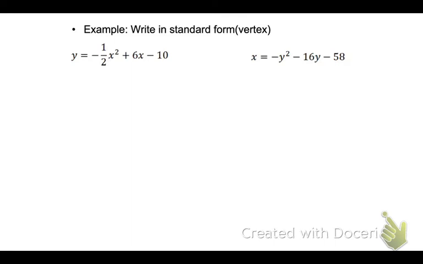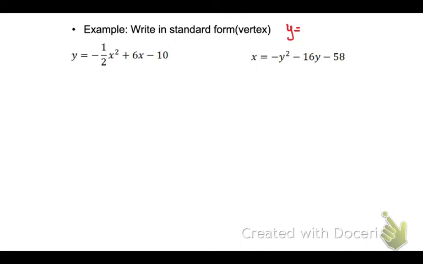Okay, the first thing we need to do is write this in vertex form. What is vertex form? It's every form I give you. Y equals, no, that's linear. H and K, so what's it look like?